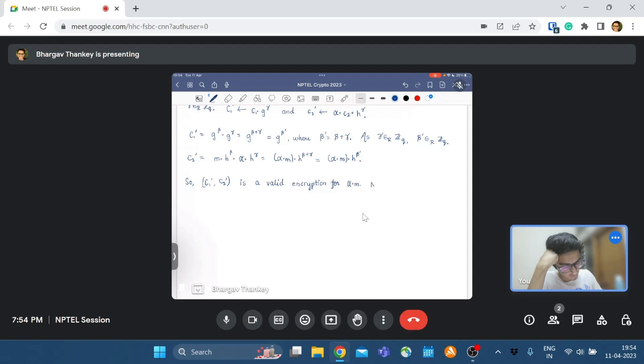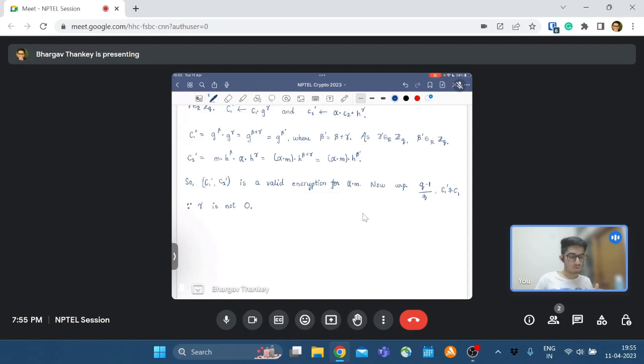Now, with probability 1 over q, gamma would be 0.